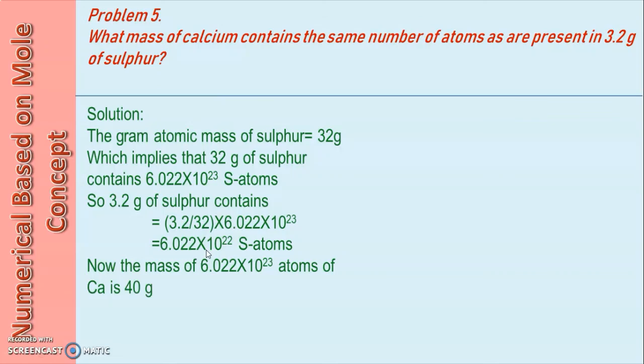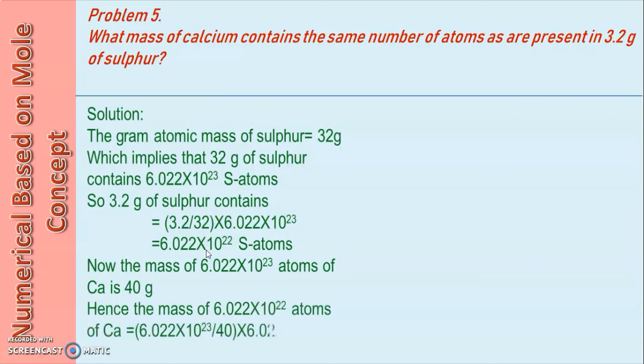So the mass of 6.022 into 10 to the power 23 atoms of calcium is equal to 40 gram, and thus 6.022 into 10 to the power 22 atoms of calcium will be equal to 4 gram. Is that clear?